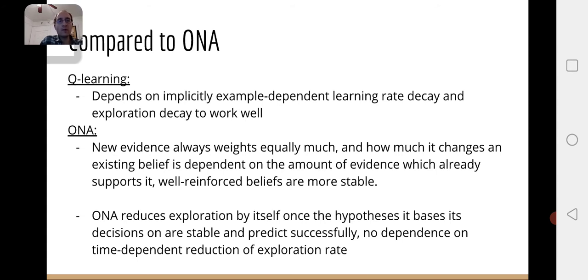So it's the confidence which decays the exploration and not just the passing of time, which will make it unable for the Q-learner to adapt further in the future. So what we can also say is that learning rate decay and exploration rate decay is fundamentally incompatible with cumulative learning as NARS tries to achieve.